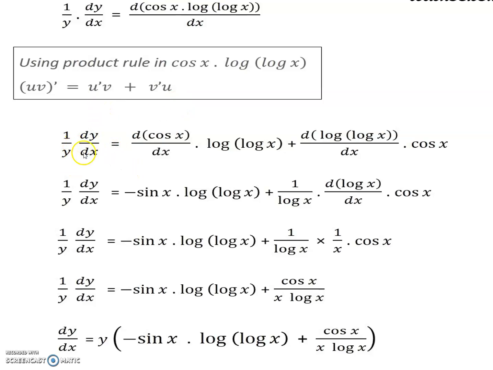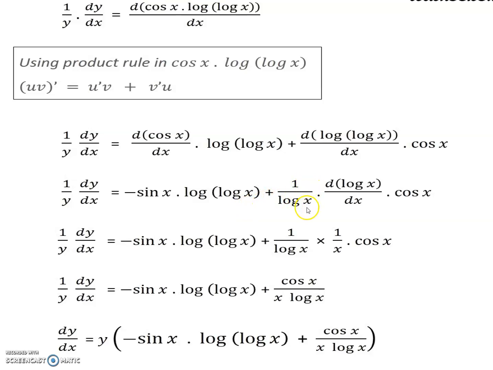Now 1 upon y dy by dx. I take the derivative of cos x first, into log of log x remaining the same, plus the derivative of log of log x with respect to x, and cos x. We know that the derivative of log y is 1 upon y dy by dx. The derivative of cos x is minus sin x, log of log x remains the same.